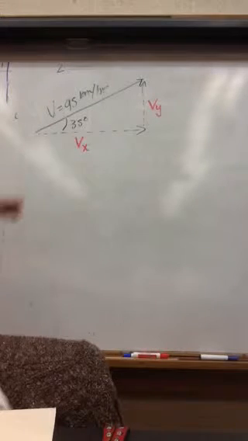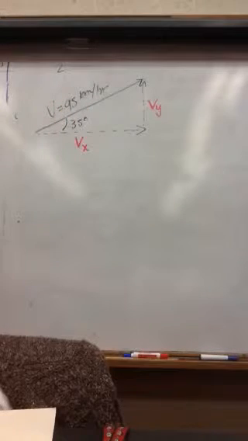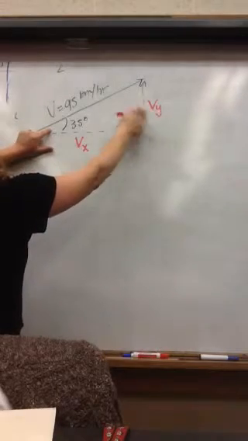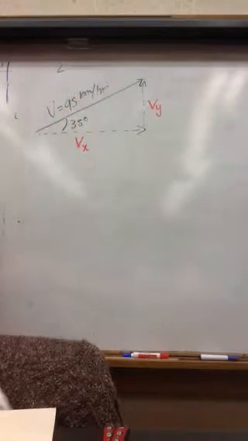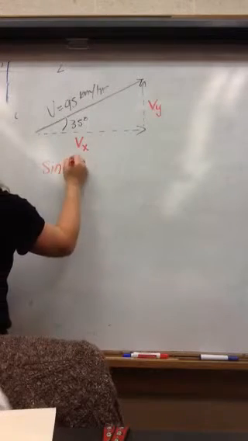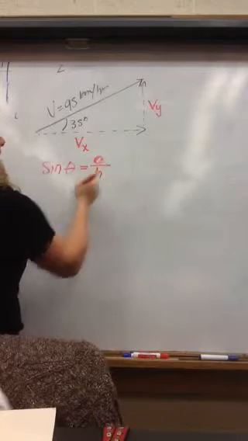Okay, so what we're given is this angle and this resultant. We're going to use trig. Opposite and hypotenuse are connected by what trig function? Sine. So the sine of theta is the opposite over the hypotenuse.